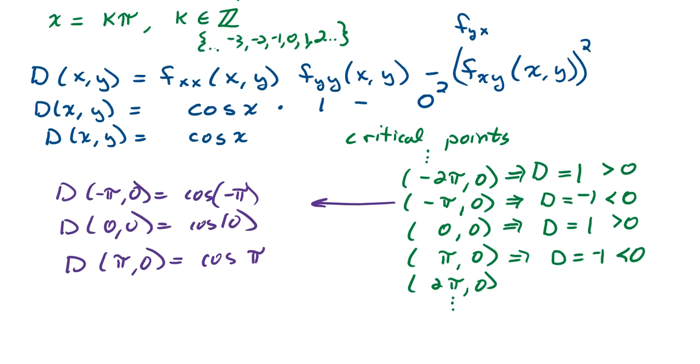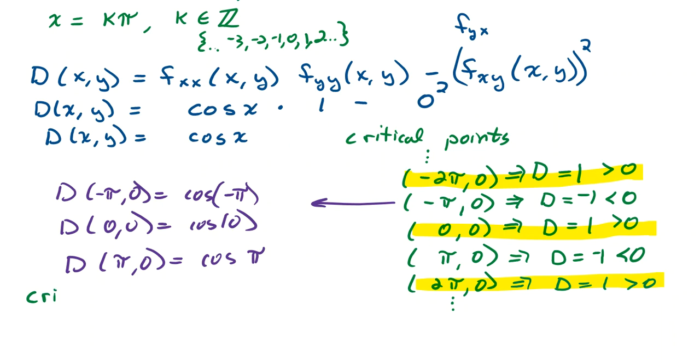We could keep going. Now, how do I have a set of these that are positive and a set that are negative? Let's highlight the positive ones. That's greater than 0, that one's greater than 0, that one would come out greater than 0. What can we say about all these critical points that are greater than 0 versus the ones that are less than 0? They're all the ones where the k value is even.